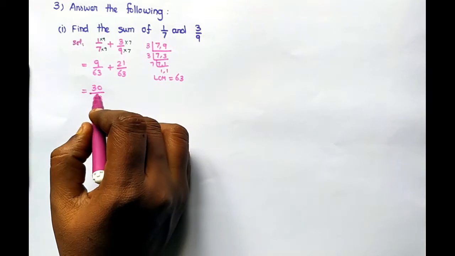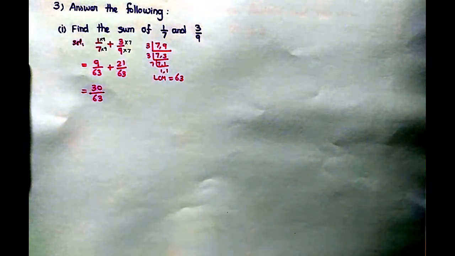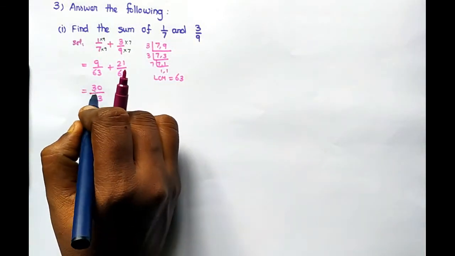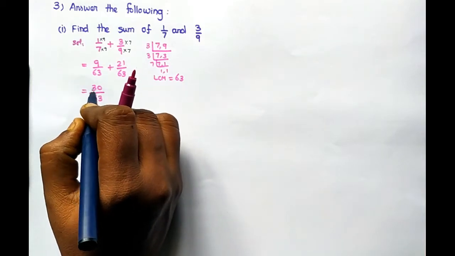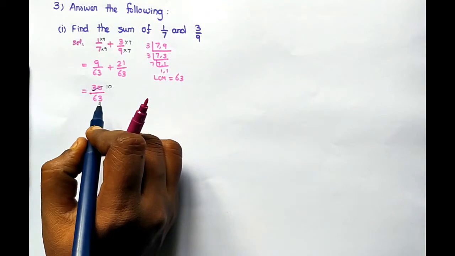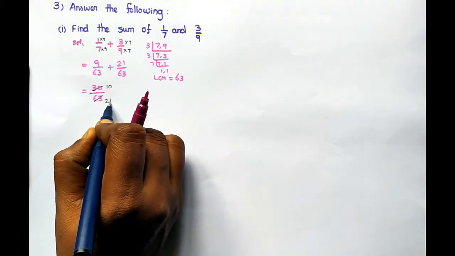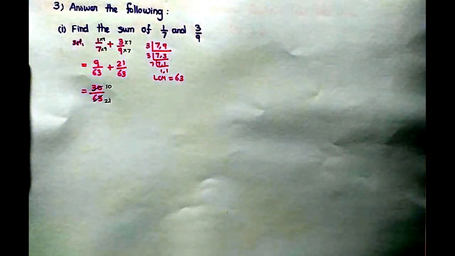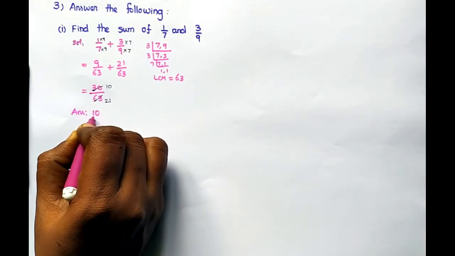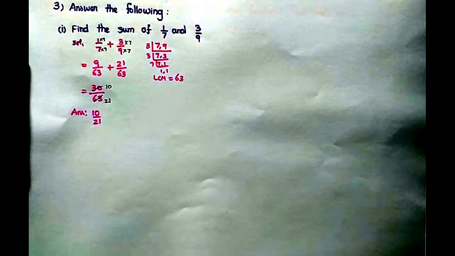And then we have to simplify this number. Both numbers are divisible by 3. So 3 10s are 30 and 21 3s are 63. So answer 10 by 21. That is the answer.